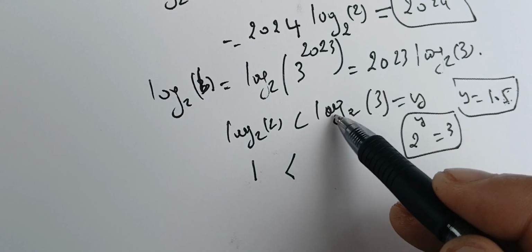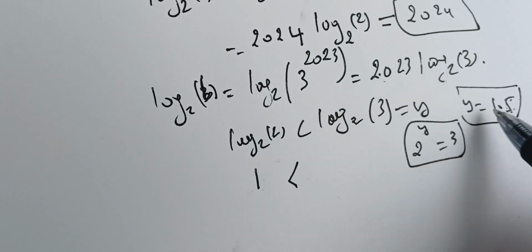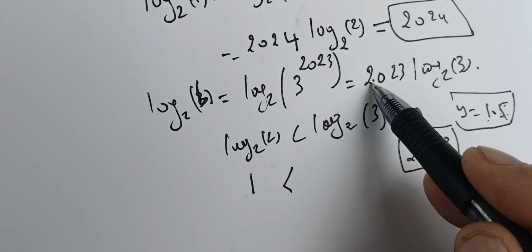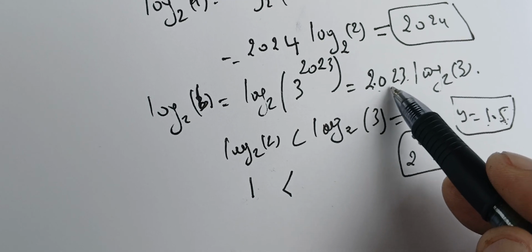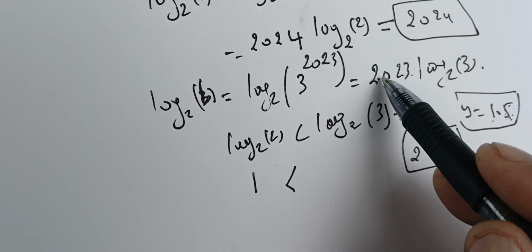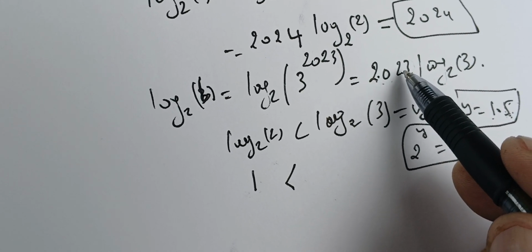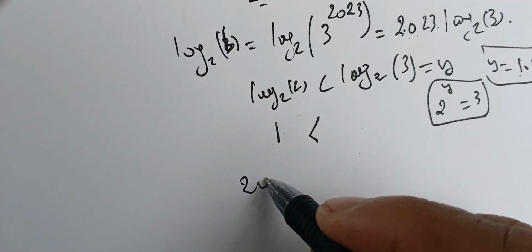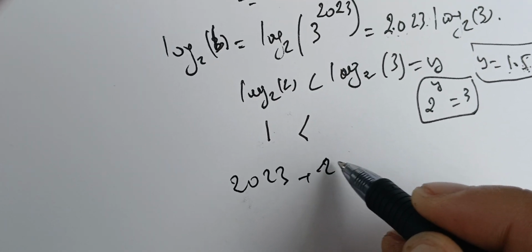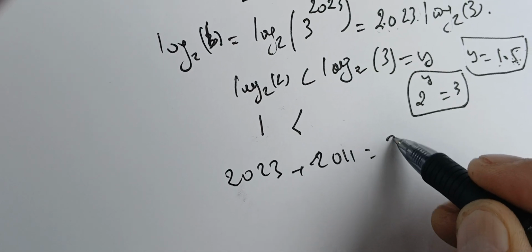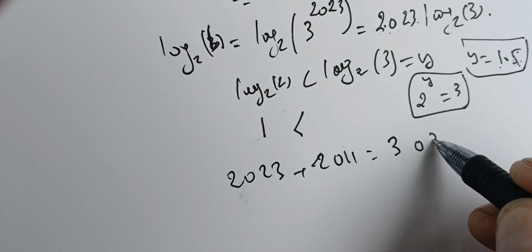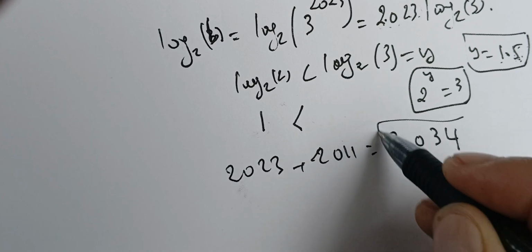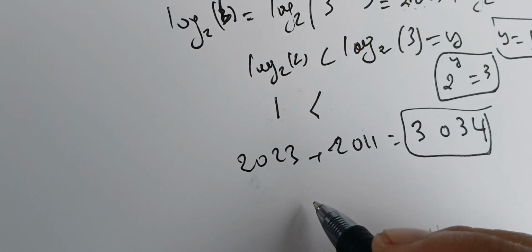Because when we multiply 2023 by 1.5, we're gonna have 2023 plus half of this number, which is 1011. Therefore this is 2023 plus 1011, which is 3034, and this means that B is bigger than A.